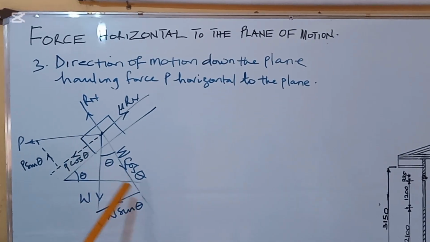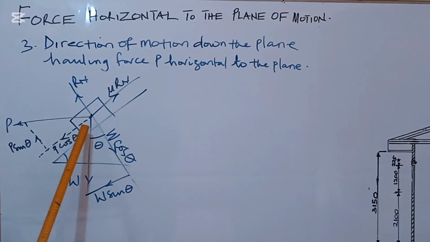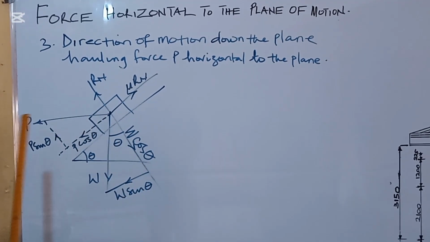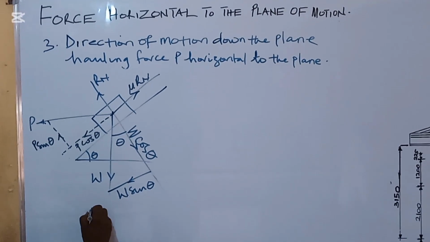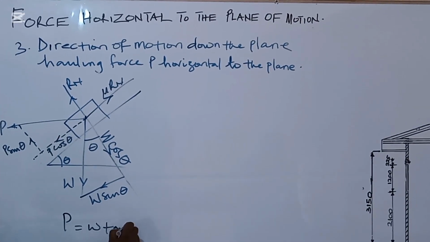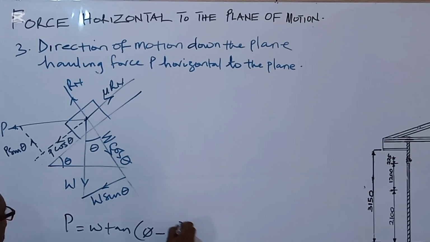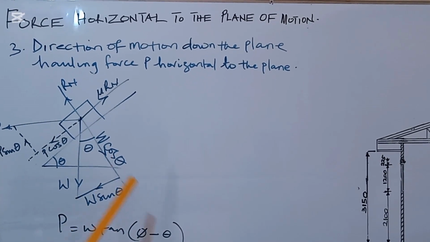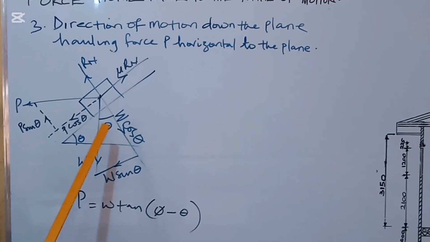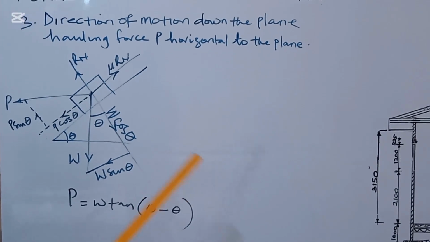Therefore, this is the force diagram for the horizontal force P required to pull a body down an incline of angle theta when the angle of friction is phi. Now, by similar analysis, we have P is equal to W tangent, we have phi minus theta. Most students have difficulties with the drawing of the plane. Are we there? But I have taken my time to resolve these forces so that if you know the analysis will follow, you won't have much problems.